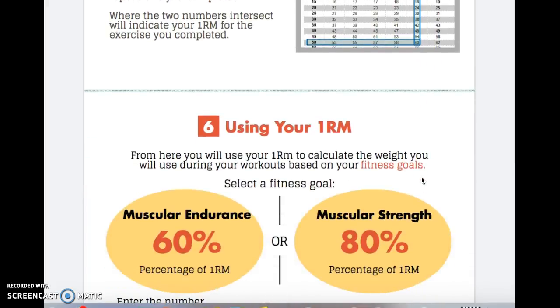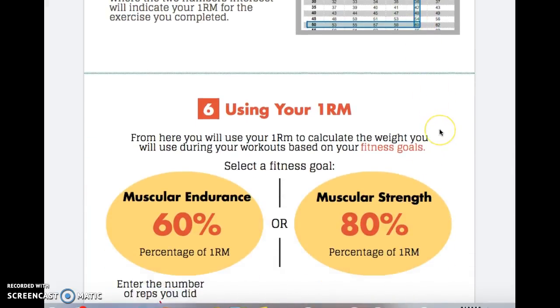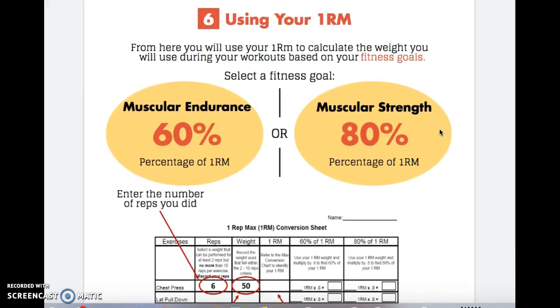For this last step, they take that information, and because most students in my freshman wellness class have not worked out before or don't have a lot of information in regards to weight training or resistance training, we use this 1 repetition max to identify the weight they should be working at during their typical workout. They need to identify goals before they find that weight.